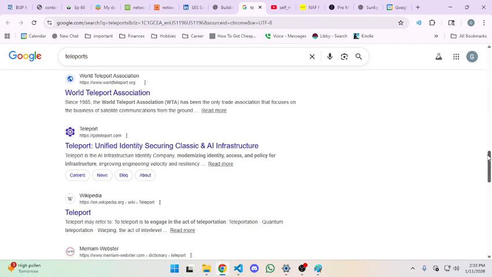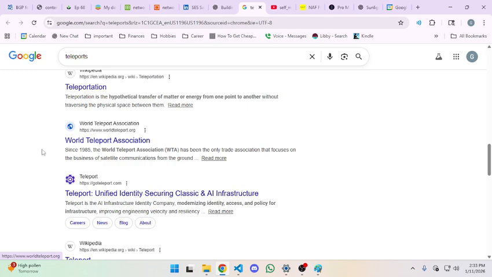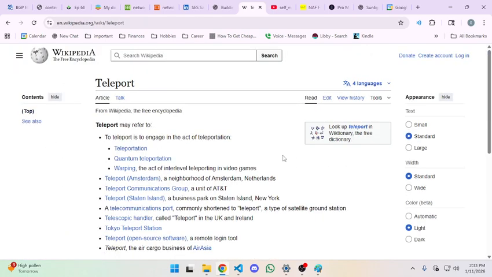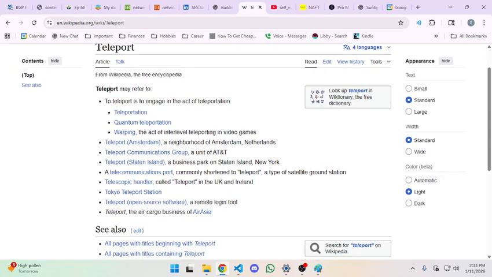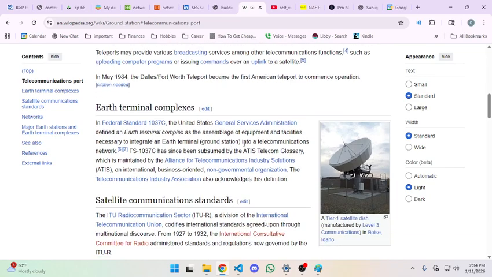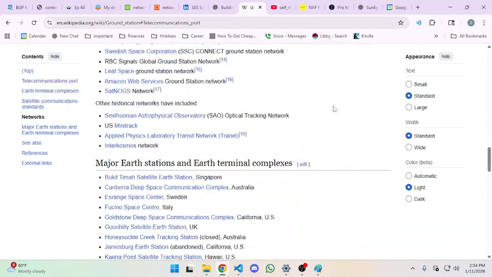The ground-based communications are probably all pretty standard, maybe even Cisco, Juniper. The stuff in space is probably going to be a bit different. So, telecommunications port, hub connecting, communication standards.